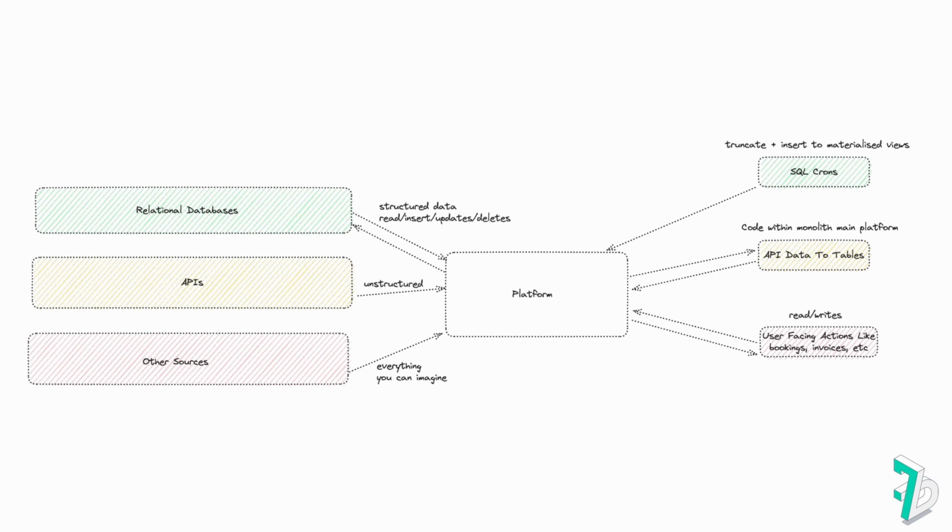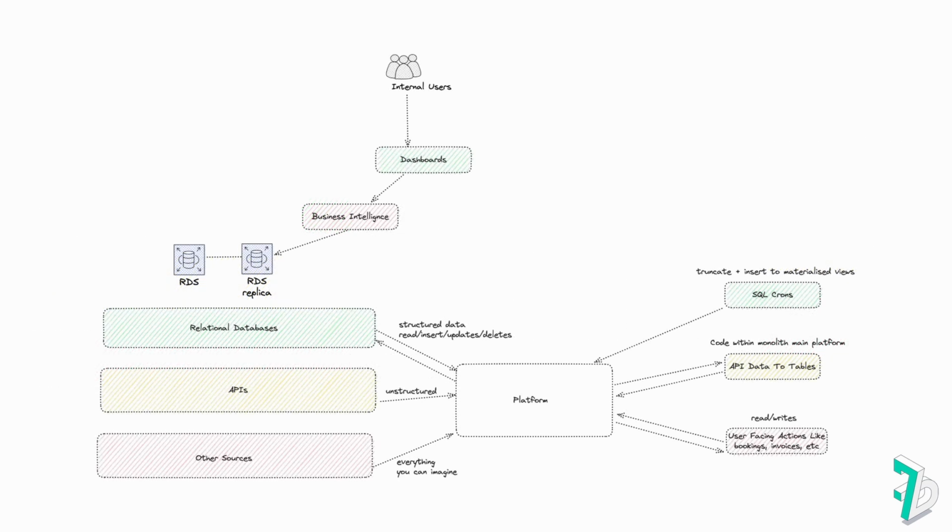And then on top of all of this, you have multiple reads and writes from all over the place, users back and forth, internally, externally to the platform. To visualize this a little bit better, you had some business intelligence. It would go on the read replica, build some dashboards, internal users are happy.